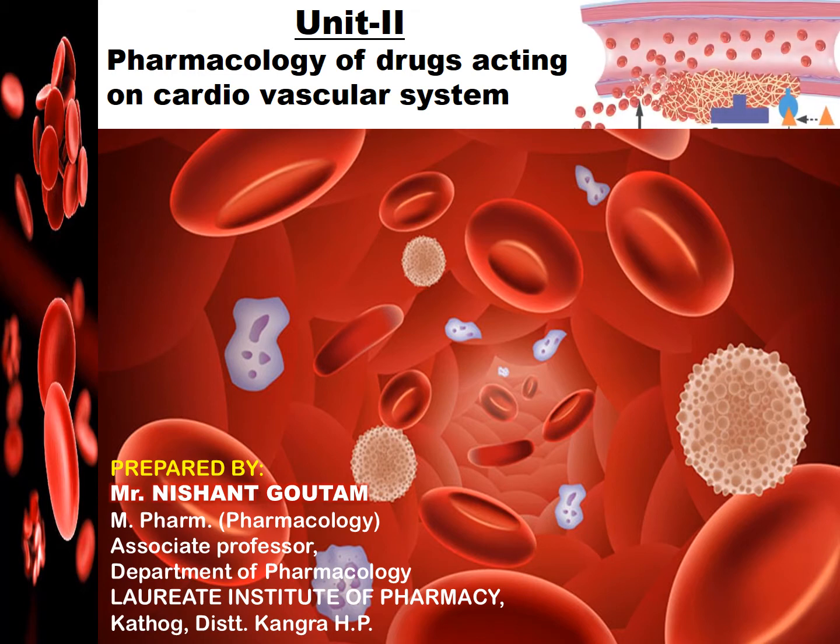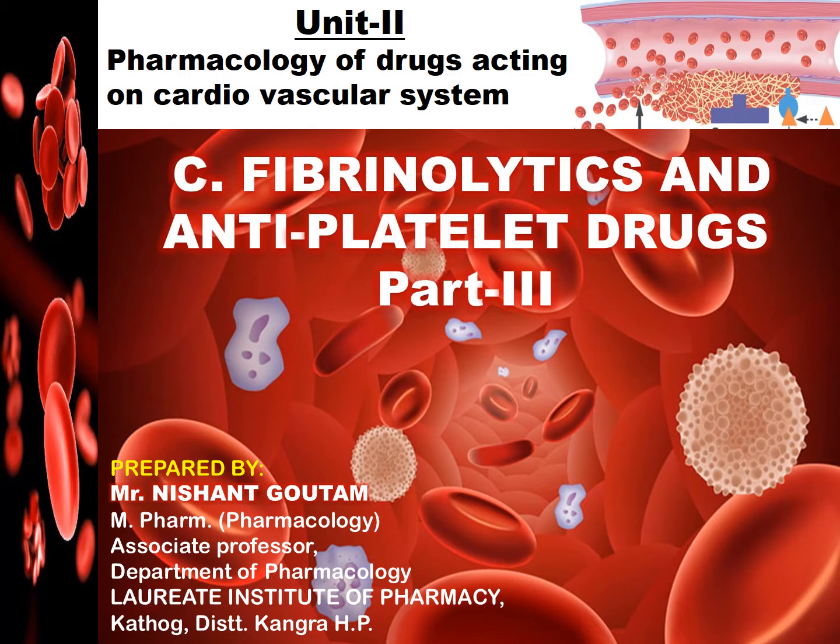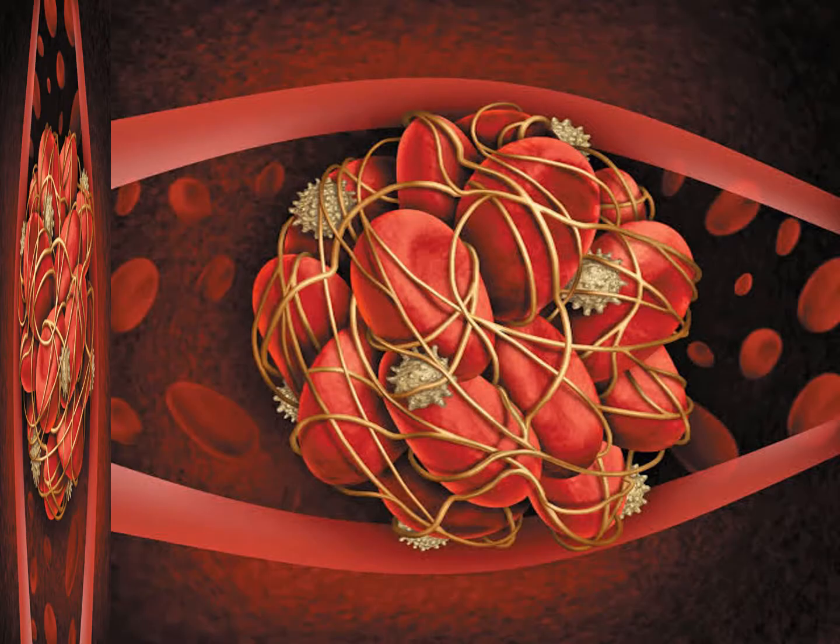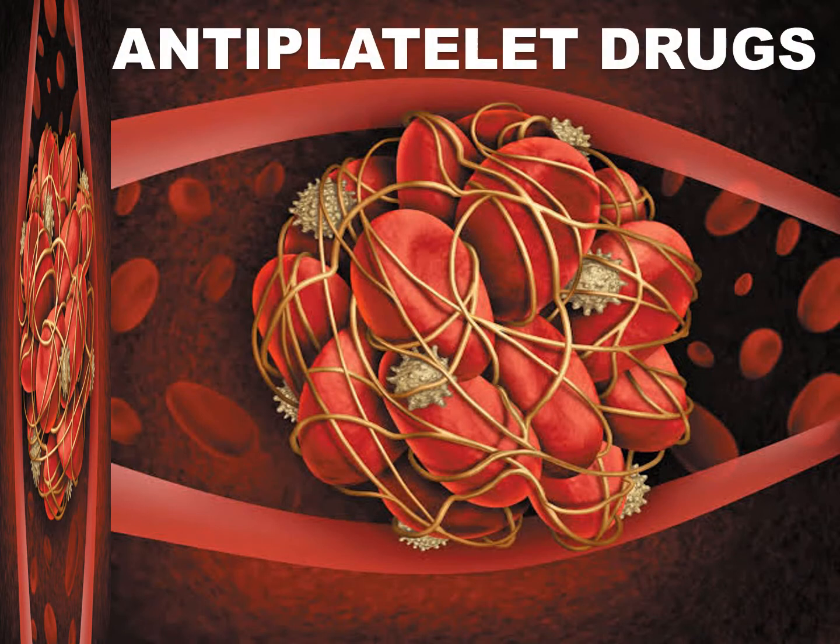So today we will continue the same chapter, Fibrinolytics and antiplatelet drugs. Today we will study its last, third part, which belongs to Unit 2, Pharmacology of Drugs acting on the cardiovascular system. Let us start with the next topic of this chapter, the antiplatelet drugs.